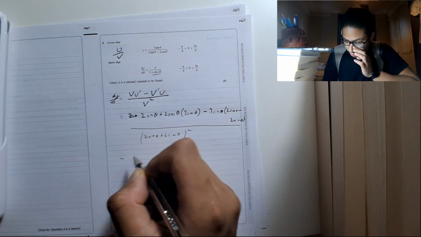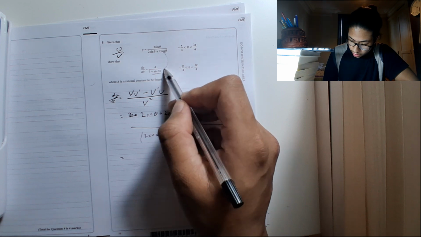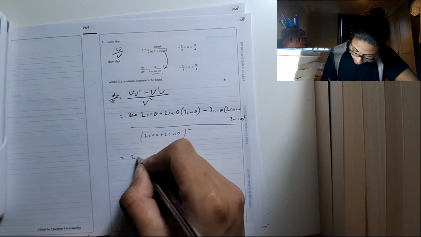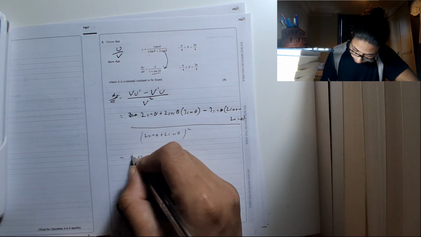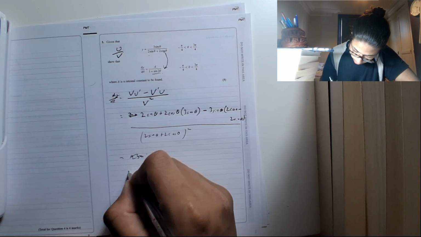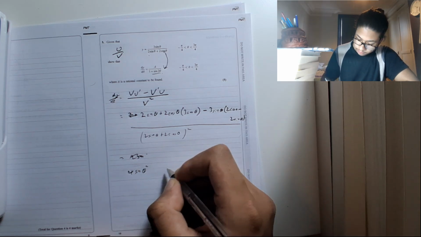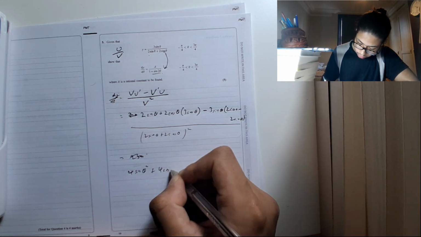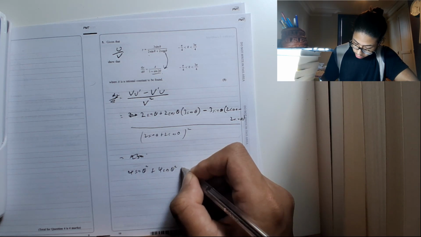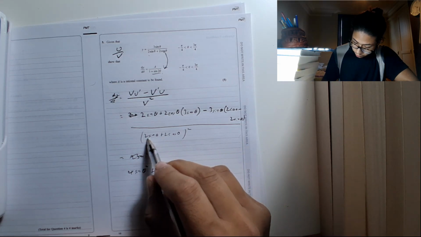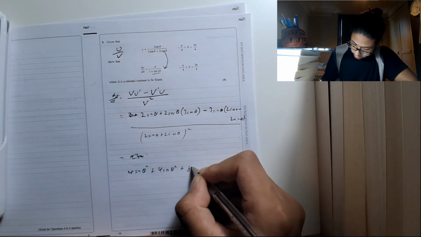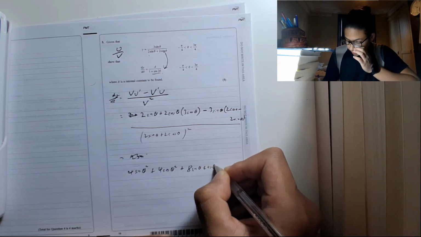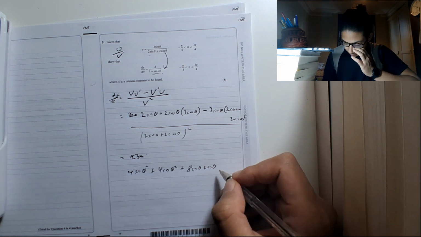Okay, I'm going to try and expand the bottom to see if I can make it look something like this. So what do we get? The bottom will be 4 sine theta squared plus 4 cosine theta squared plus 8 sine theta cosine theta, which, let me just check that.